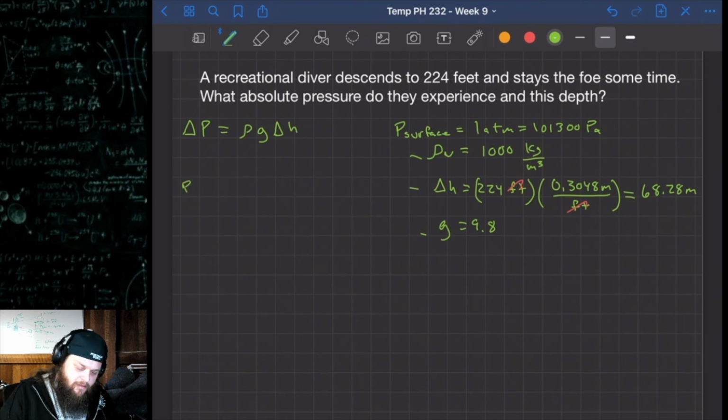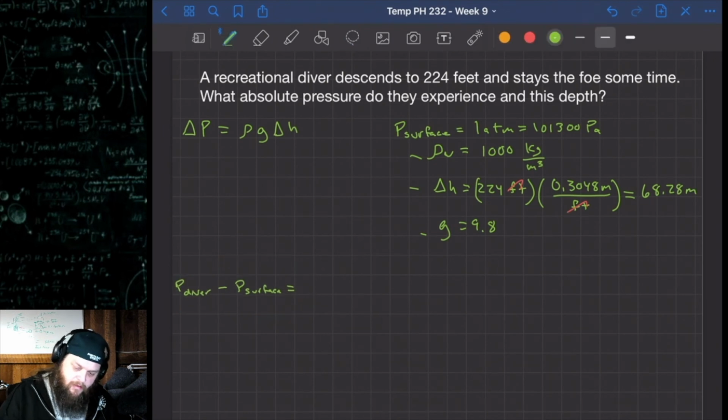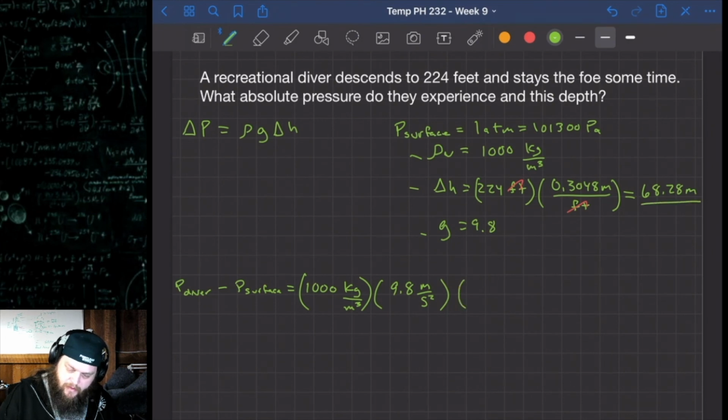So the pressure of the diver minus the pressure at the surface will be equal to the density, which is 1,000 kilograms per meters cubed, times gravity at 9.8 meters per second squared, times the change in height, which we said was 68.28 meters.